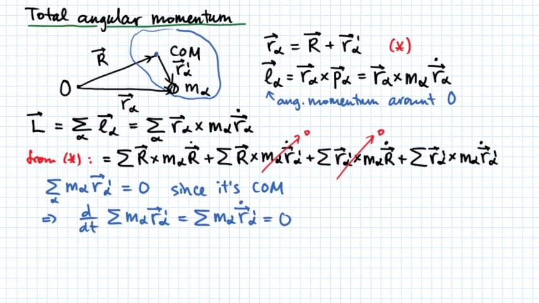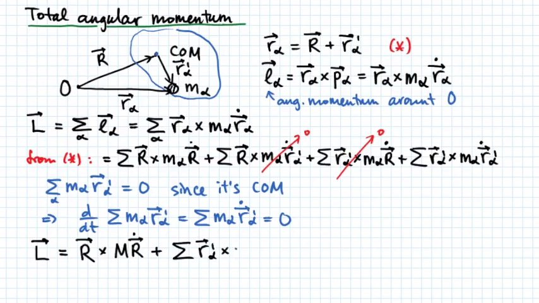Therefore, we get the result that the total angular momentum of a rigid body will be center of mass R cross, and here we have total mass M times velocity R dot, plus the sum of r alpha prime cross m alpha r alpha prime dot.